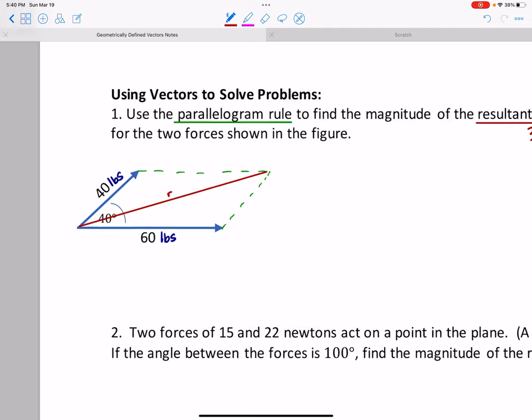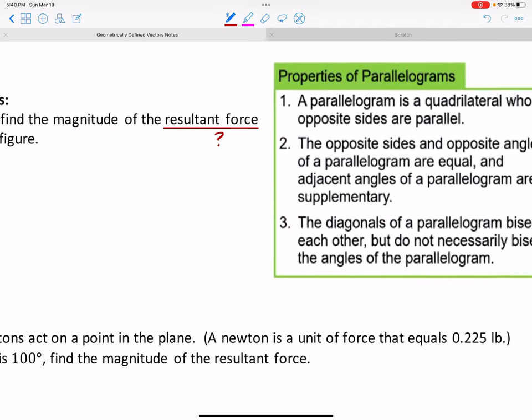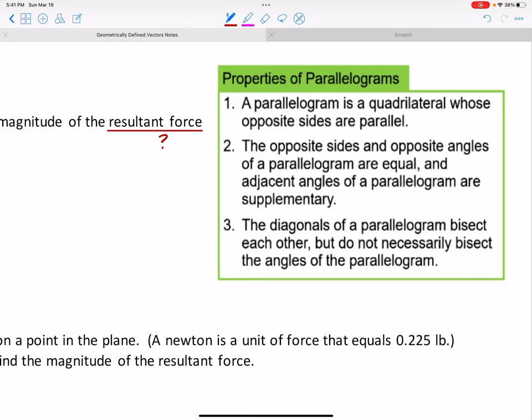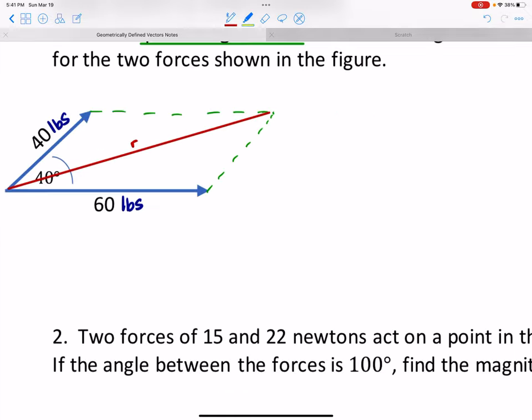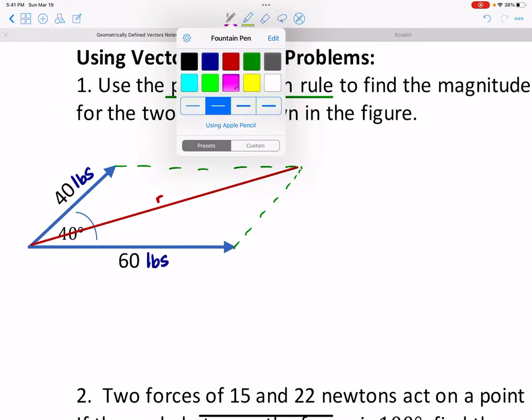So one of the helpful properties to know in a parallelogram is that the opposite angles are equal. So let me go back to this. Opposite angles in a parallelogram are equal, and also that adjacent angles are supplementary. So for example, in this picture, I don't need all of this, but just to show you.